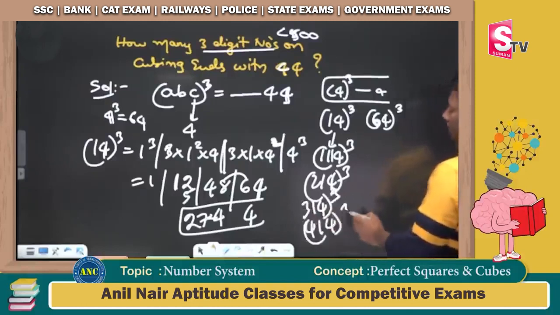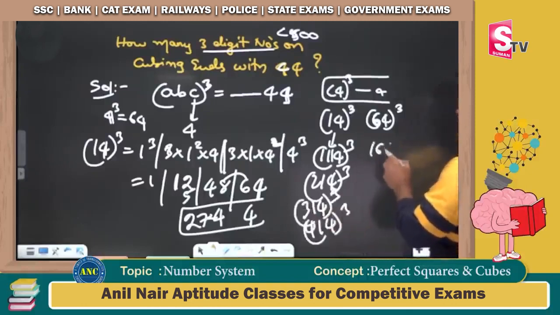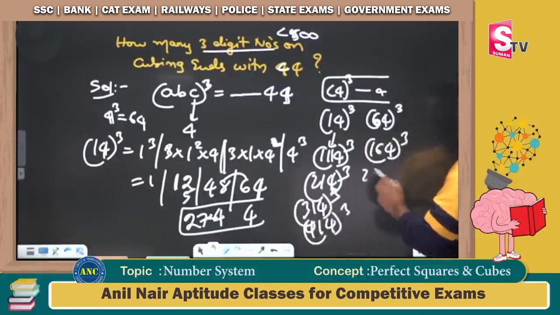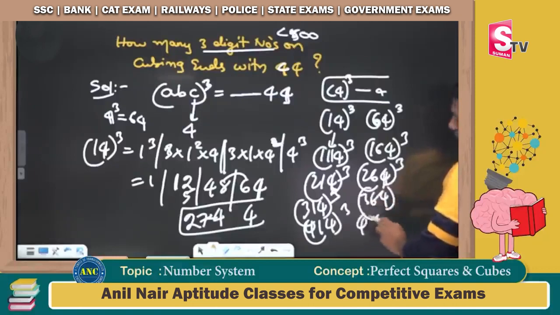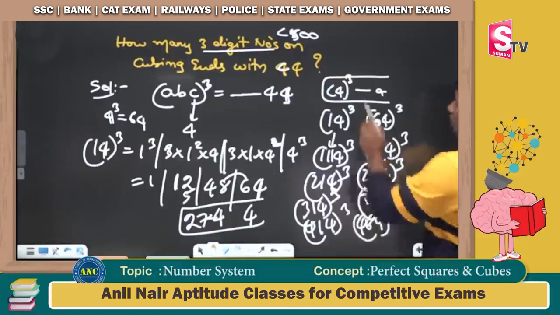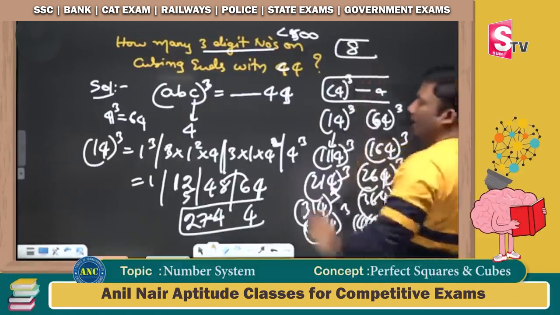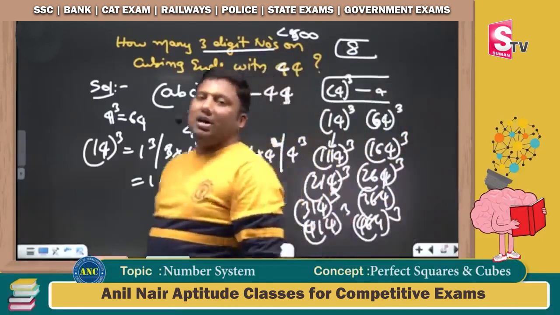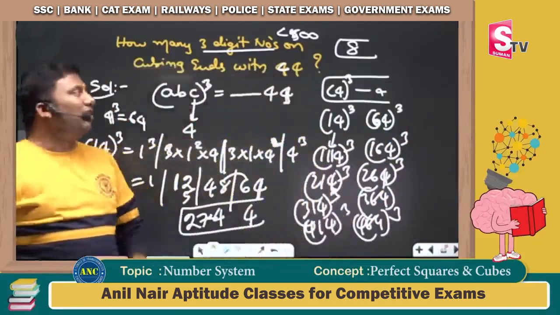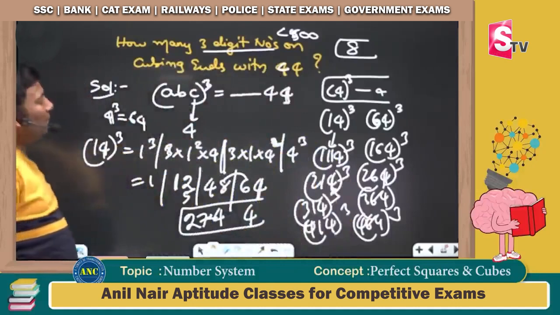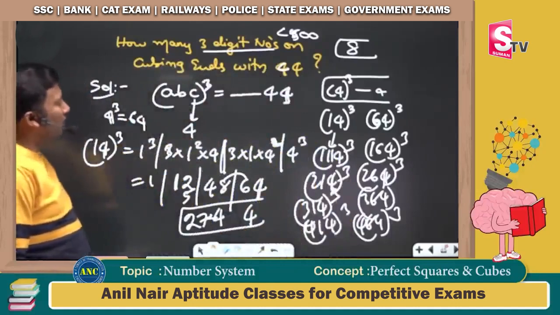Similarly 164 cube, 264, 364, 464 are possible. 4 plus 4, totally 8 numbers less than 500 that on cubing end with 44. The answer is 8.